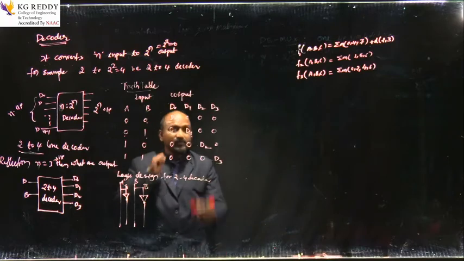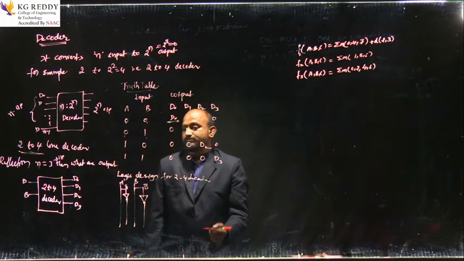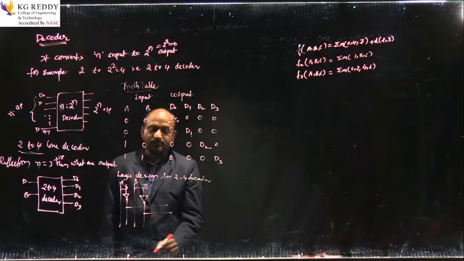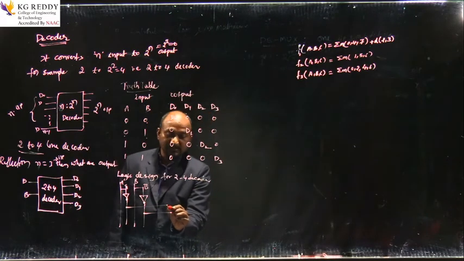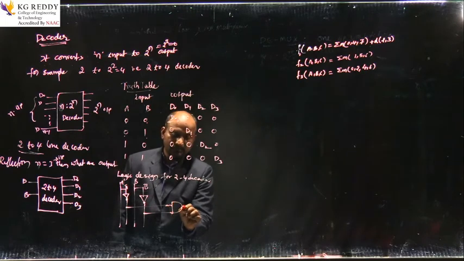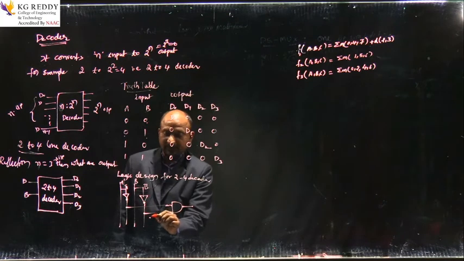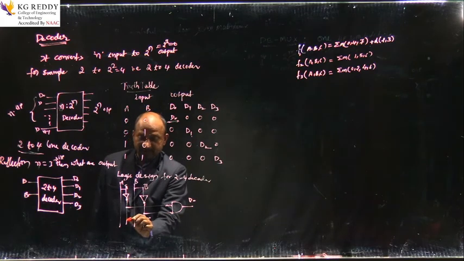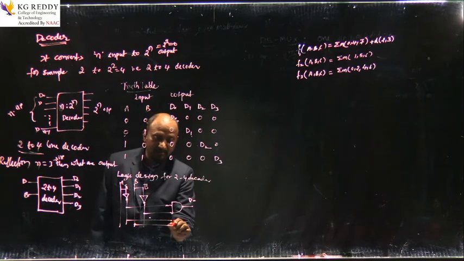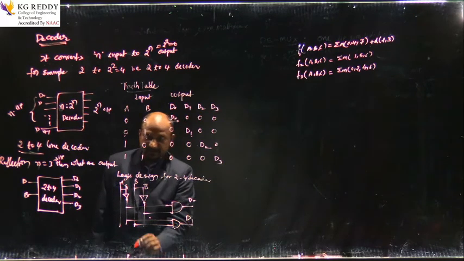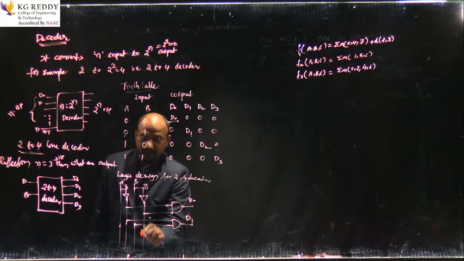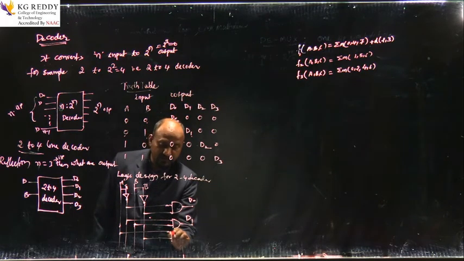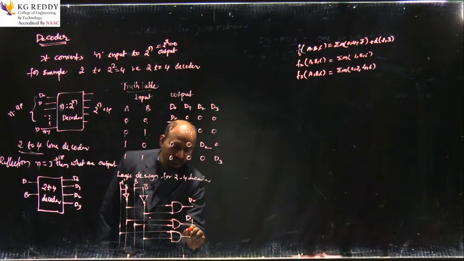Based on the outputs: first one is A bar and B bar, then the output is D0. Similarly, next is A bar B, which gives output D1. Next is A B bar, which is D2.